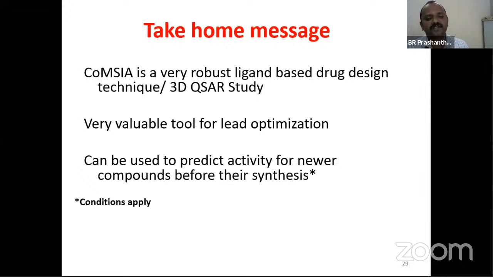Then only will the predictions be quite accurate. Otherwise, if the common scaffold is not there, it will not be accurate. Also, the more compounds you have in the training set, the better the prediction of the newer compounds' activity, and the more diversity in the structures and activities, the better the prediction.